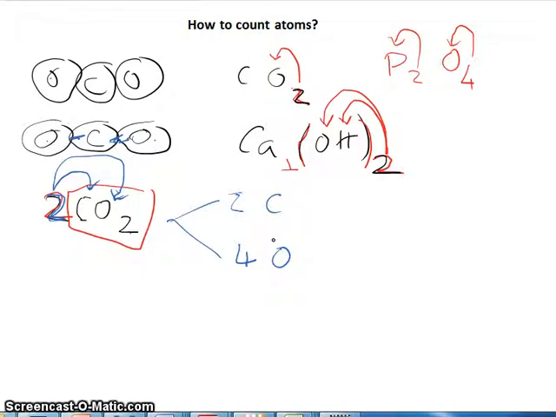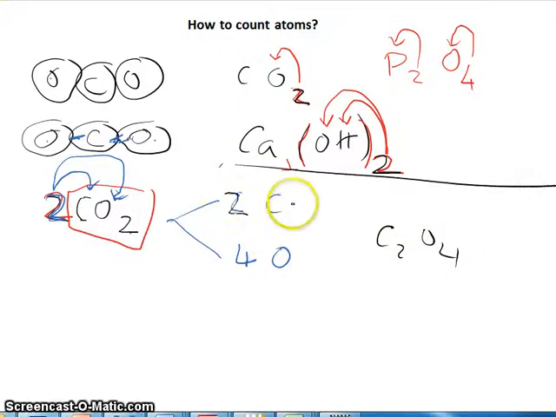Okay? Now, what if instead of writing 2CO2, I just say there's 2 carbon, 4 oxygen. Can I just write C2O4? Would this be okay? There's 2 C, 4 O, C2O4. Well, if you write it like this, it is incorrect. Why?